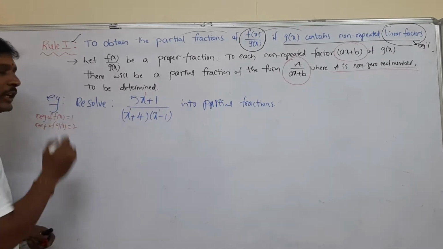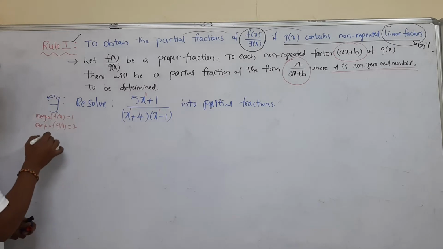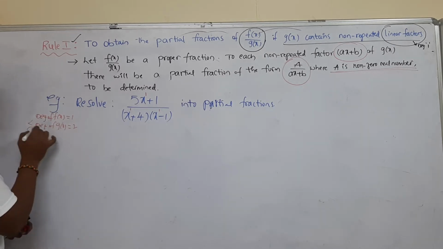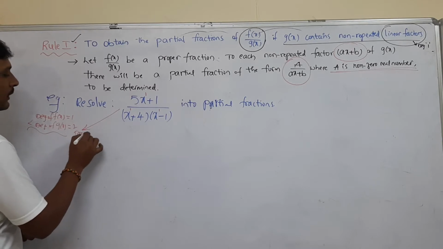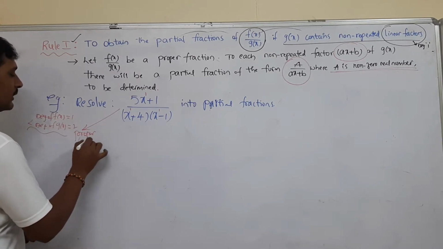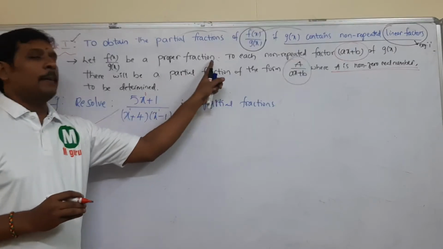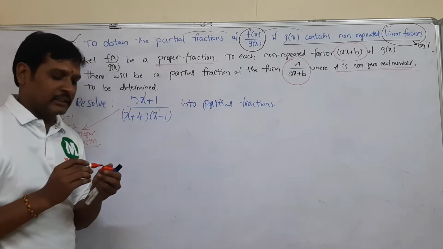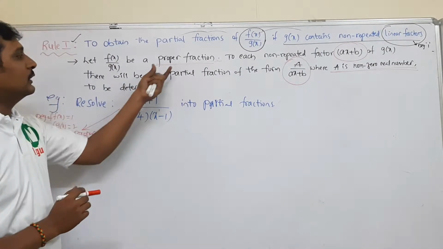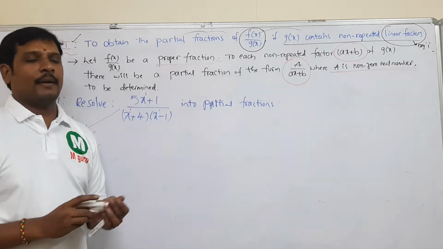Because the degree of f of x is less than the degree of g of x, the given question is a proper fraction, right? So first we need to verify whether the given question is a proper fraction or not. This is what rule 1 says. So we verified that the given fraction is a proper fraction.